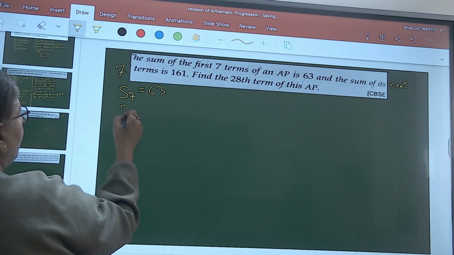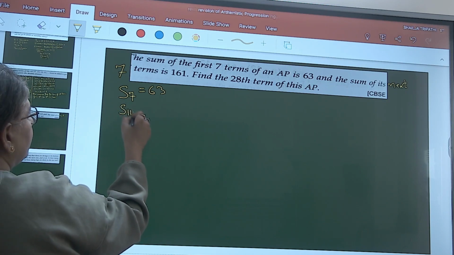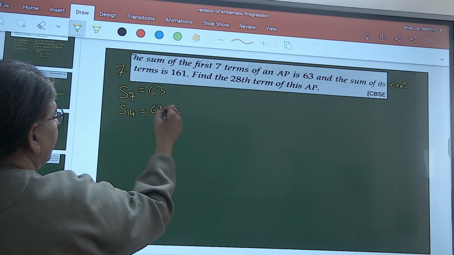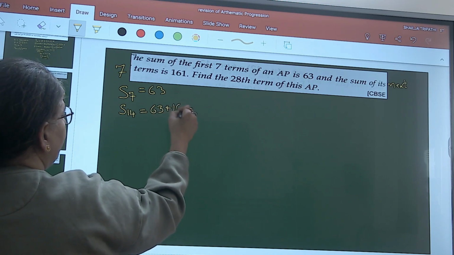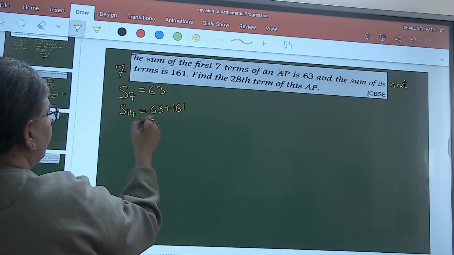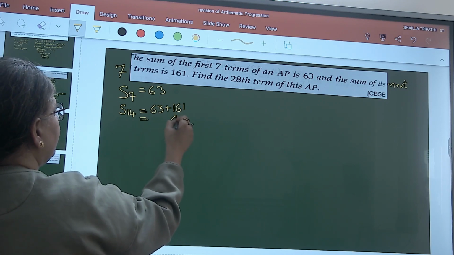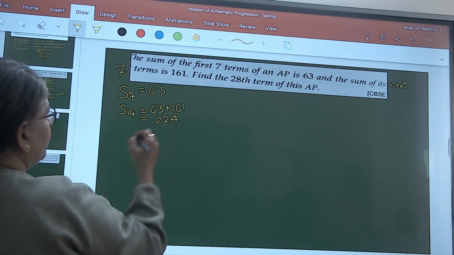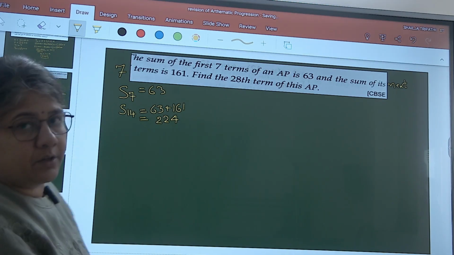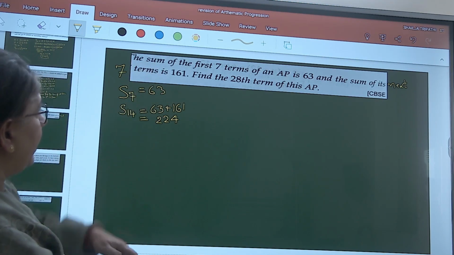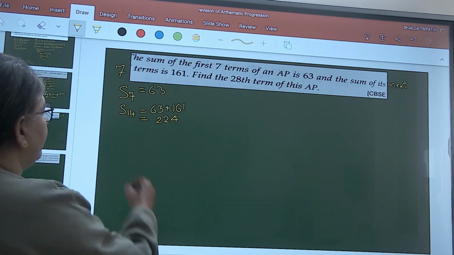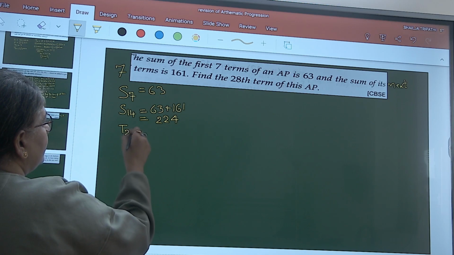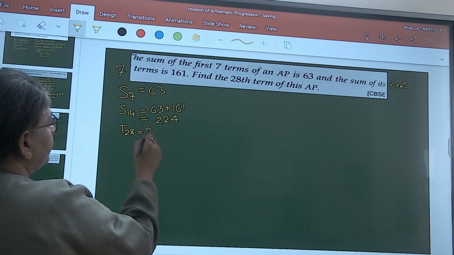The sum of 14 terms is 63 plus 161. What we get? 224. So these are the two data that we obtain and we have to find the 28th term, that is T28 of the series.